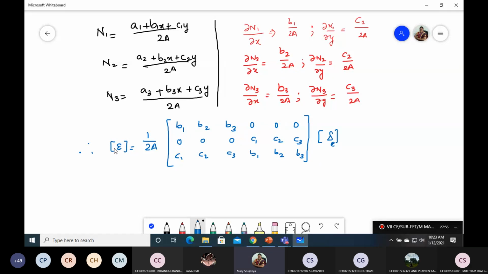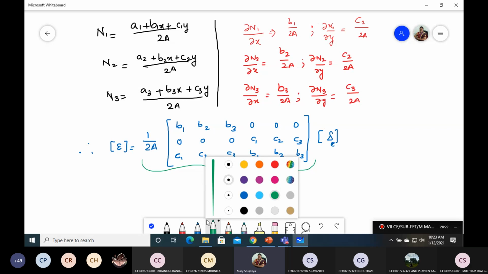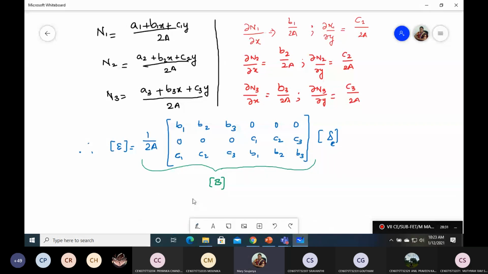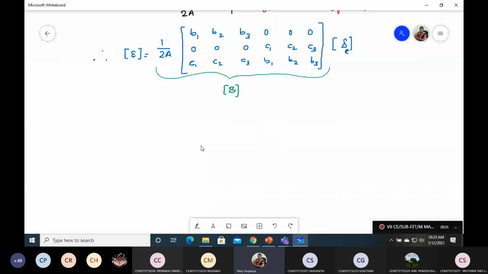Do you have any doubts? How did we reach this matrix? Anybody? No, ma'am. Right. Now, if we clearly see this matrix from 1 by 2a until this point, let us call this matrix B. What is this B matrix doing?